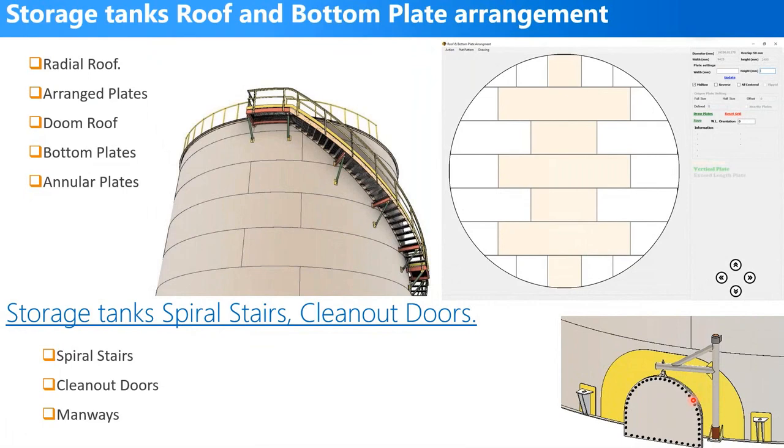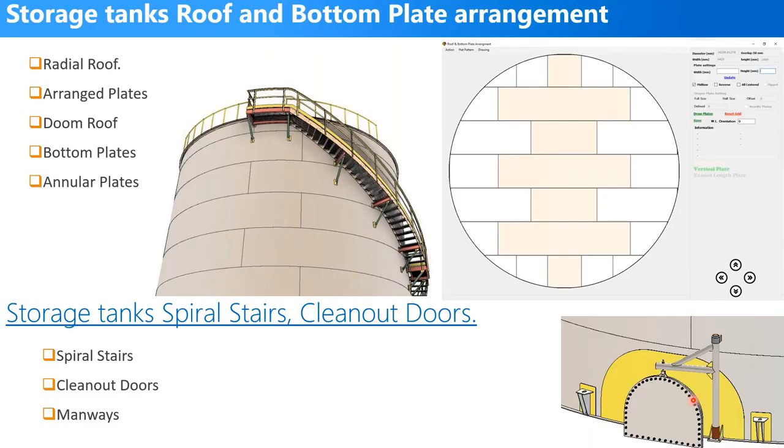Okay, we have in SEG software a tool for making the bottom and roof arrangement. By using this tool, you have the ability to arrange plates of the roof and the bottom easily, by making some arrangement of plates, dividing, moving left to right, and we will discuss that in the next slide.